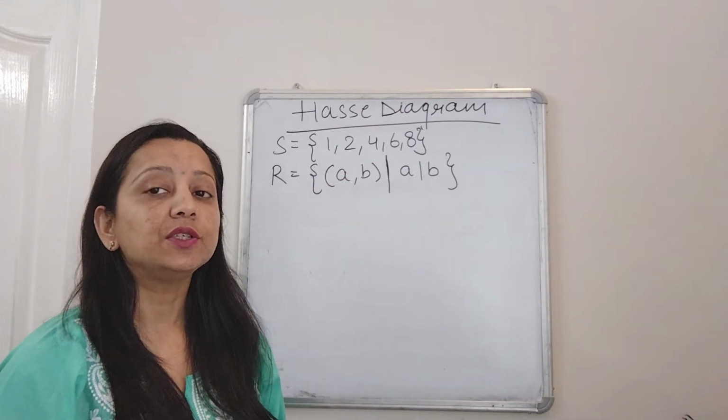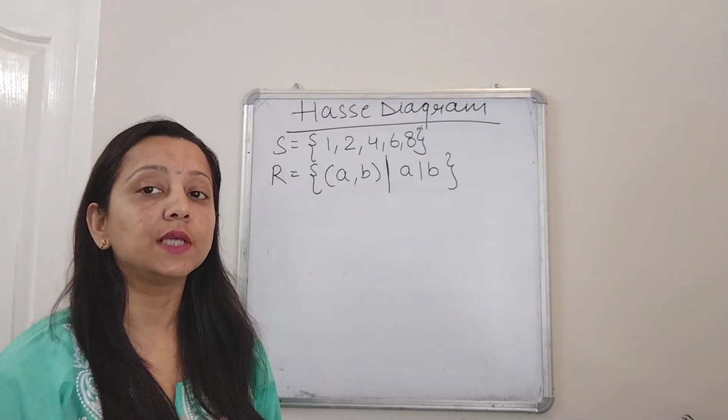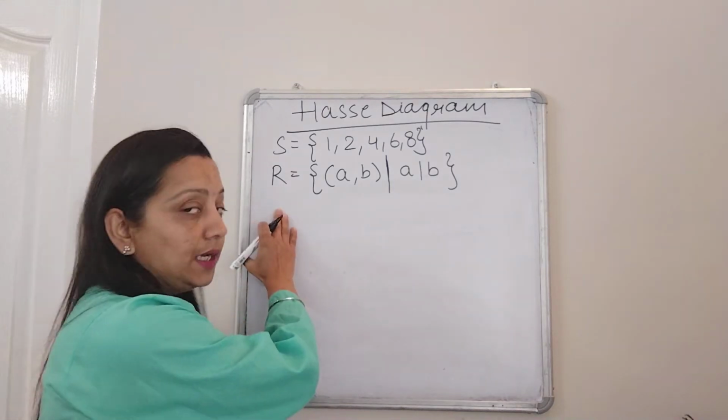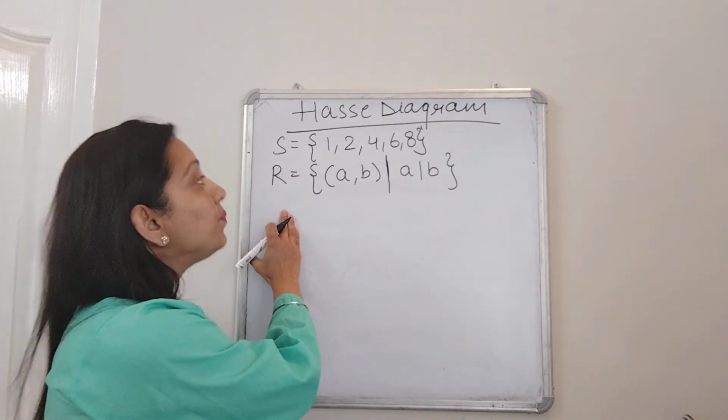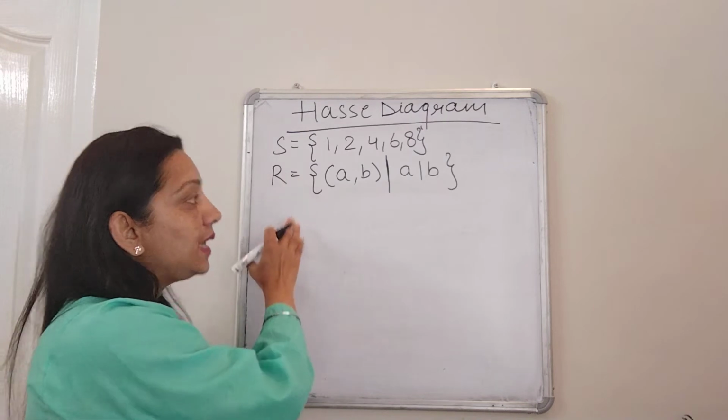Now this relation is always formed on some set. So here in this case, this relation R is formed on the set S.